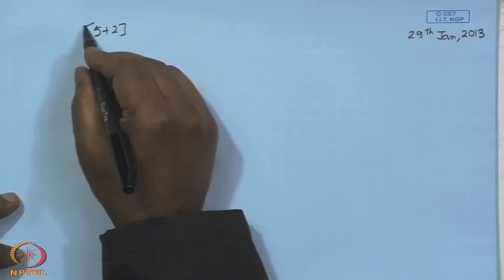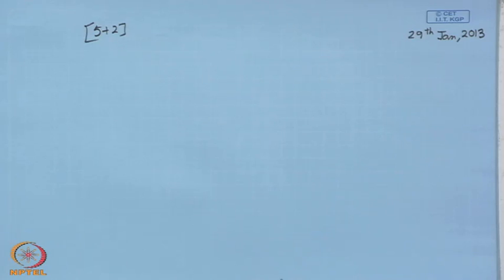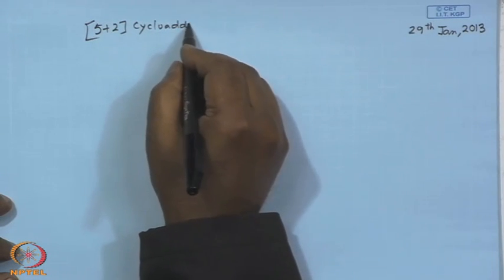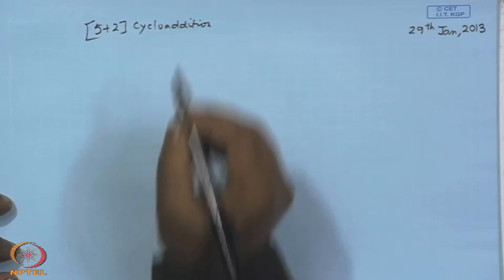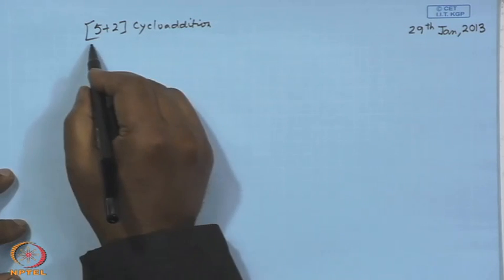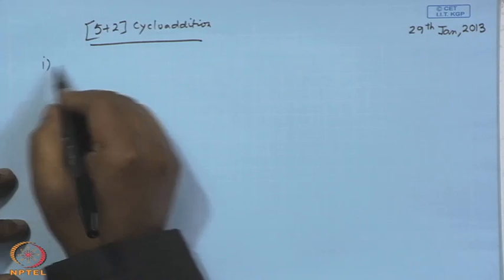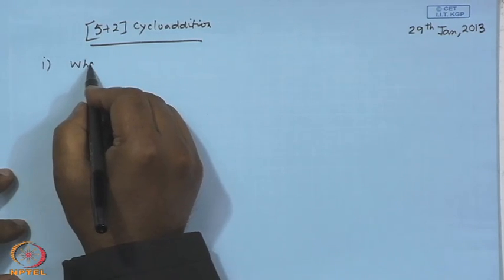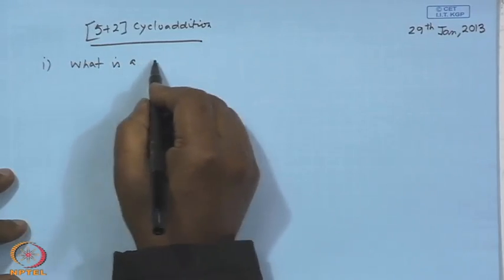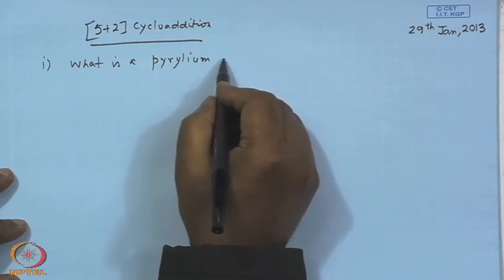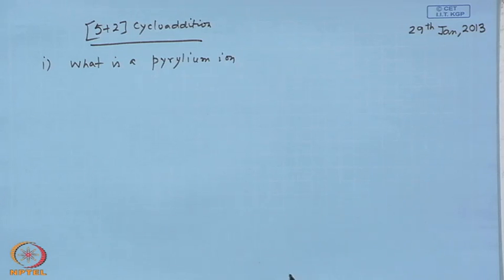Okay. Before we talk about this 5+2 cycloaddition reaction, we will discuss a new kind of aromatic ions. First, number 1, what is a pyrylium ion? I do not know whether you have heard of this name before, pyrylium ion.